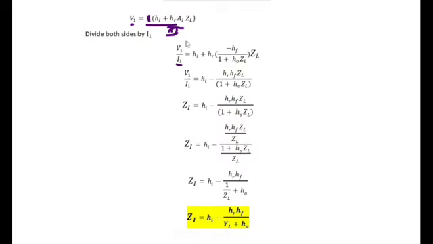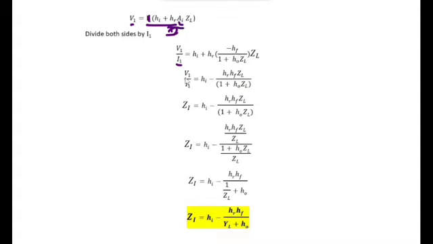This is because AI is the current gain, and the formula of current gain is minus HF by 1 plus HO ZL. So we have replaced AI with the actual formula.